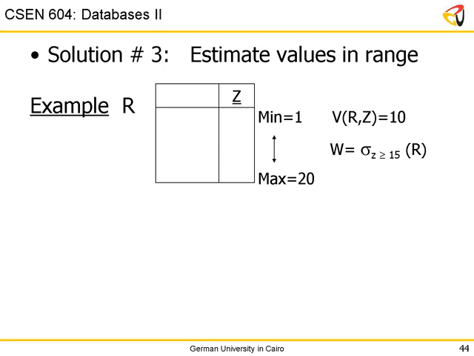So when you get a query like select star from where z is greater than or equal to 15, if what you're querying exists, it's going to be within your range. And we said we're always focusing here on data that do exist. So here 15 is going to lie between 1 and 20.